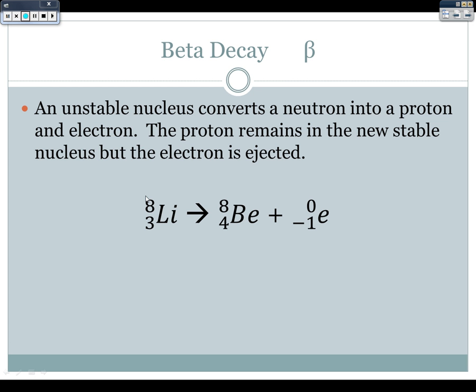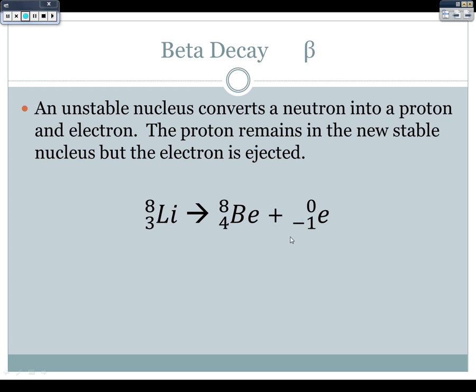Now, your overall total number of nucleons, or protons and neutrons, remains the same, because you lost a neutron and you gained a proton. From 5 neutrons you went down to 4, but from 3 protons you went up to 4. So 4 plus 4 still equals 8, just like 5 and 3 did. But in order to balance this reaction, the electron down here has a -1.